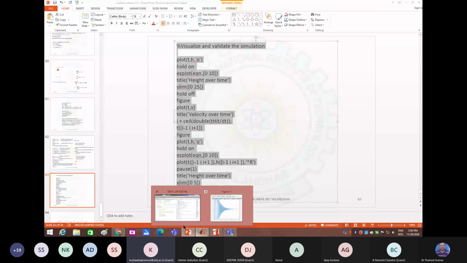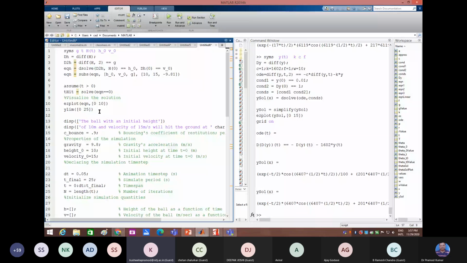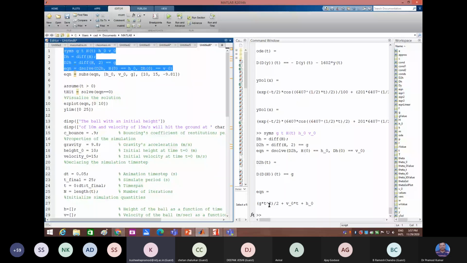First portion: this is the differential equation. With dsolve, we solve these equations and then substitute the boundary condition here. This is the differential equation which will give the solution g t squared by 2 plus v0 t plus h0.